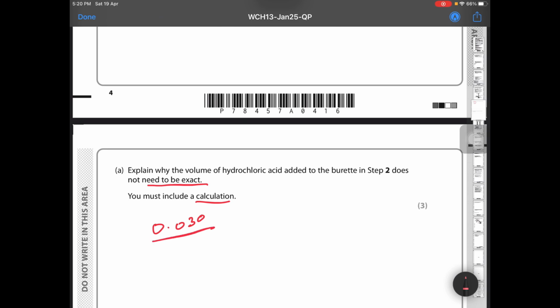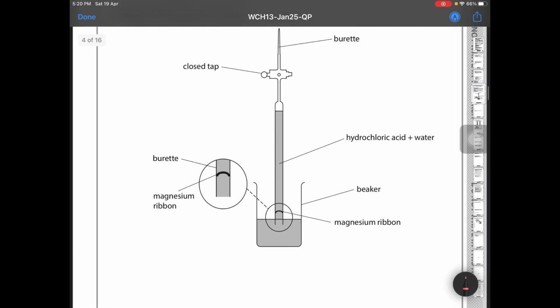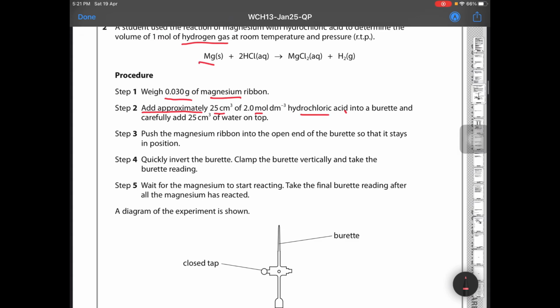So we have to use some calculations. The moles of magnesium ribbon is what we need to calculate. So 0.03 grams divided by the Mr, you will get your value. Once you get this value, you are going to do the mole ratio. If you look back, the ratio is 1:2.